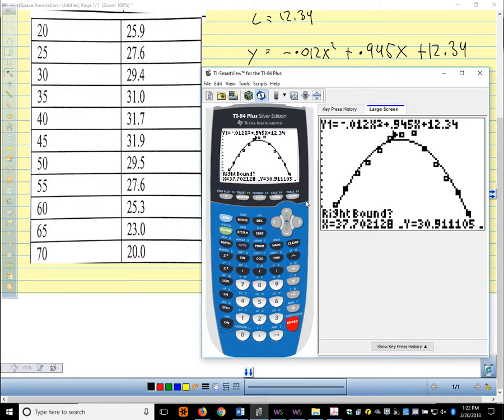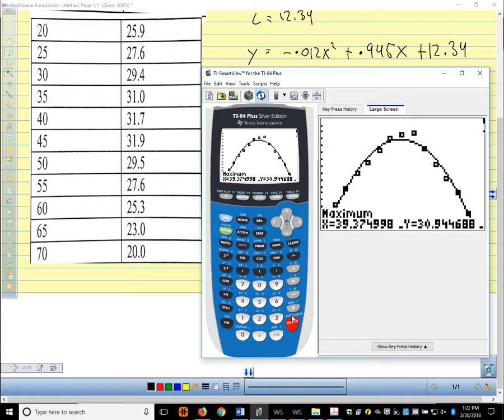Then it asks for a right bound. So you put that little flashing cursor a little bit to the right of what seems like the very top. Hit enter. And then a guess. So you put the cursor right where you think is about the top. Hit enter. And it says the maximum is at 39.4 miles per hour, and the highest mileage is 30.9 miles per gallon.